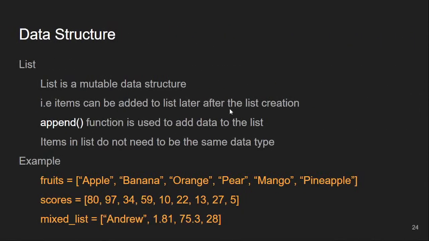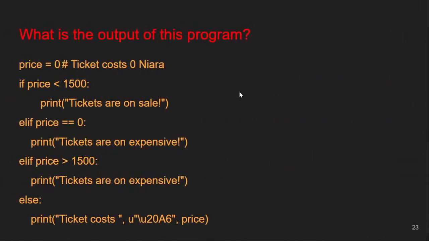Okay, so I think this is where we'll stop, because once we start talking about data structures, there's a lot more that we'll need to cover, and we don't have more time. So hopefully in the next class we'll cover data structures, but I want you to practice all that we've seen so far on the variables, the operators, and then the conditional statements.